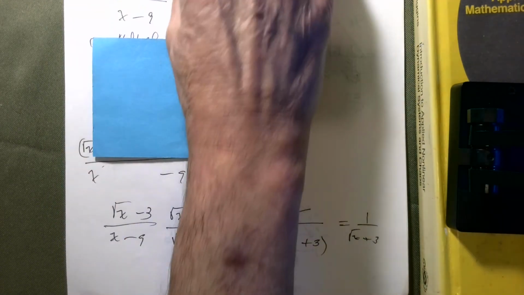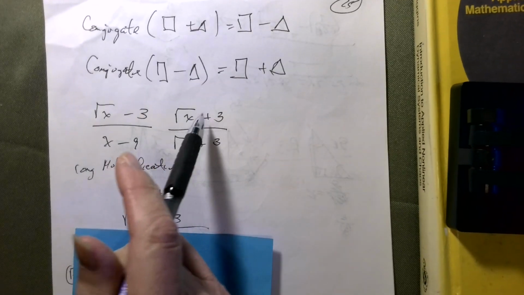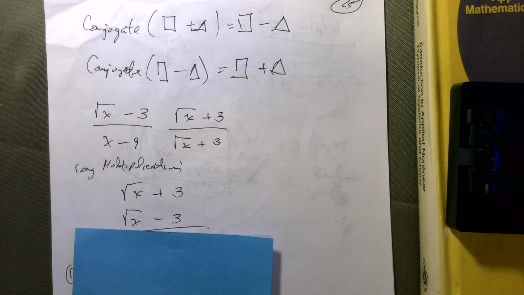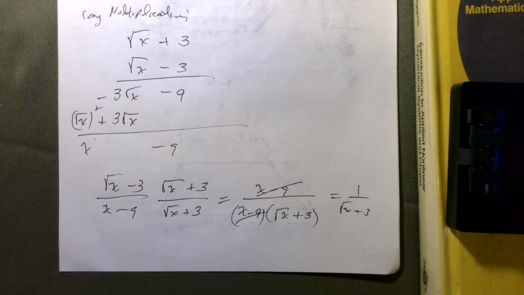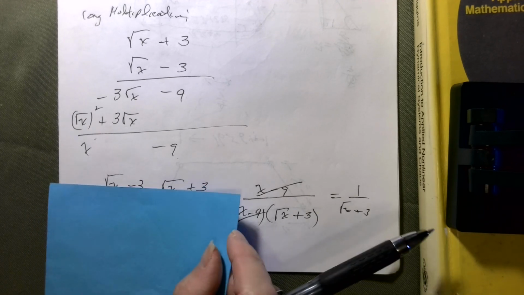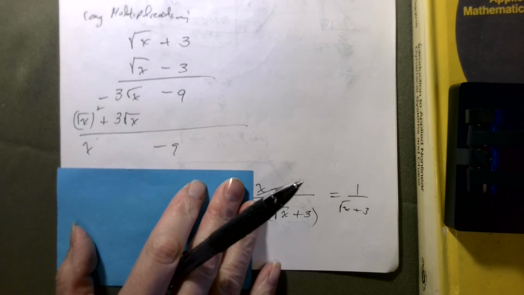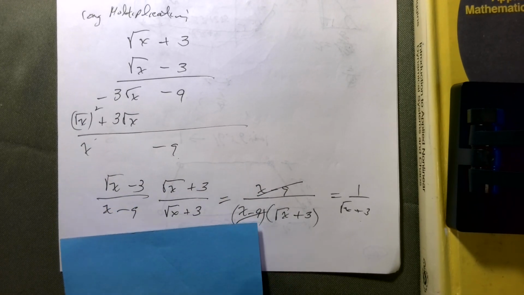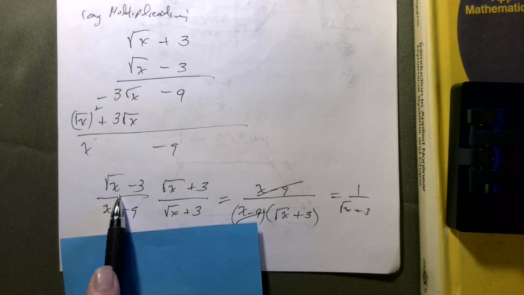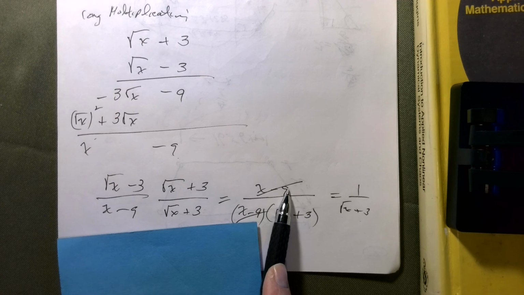So all I did was I multiplied these two guys here, and I end up with x minus 9. Okay? So that's very nice, because when I just took the numerator and multiplied, I get an x minus 9.